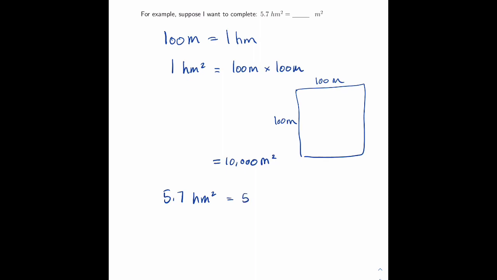Well, that's 5.7 times, instead of a square hectometer, I'm going to have 10,000 square meters. So this is 57,000 square meters.